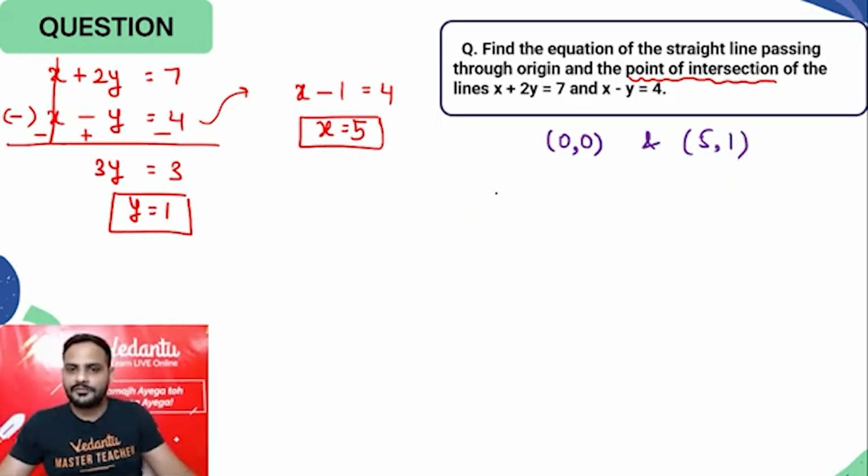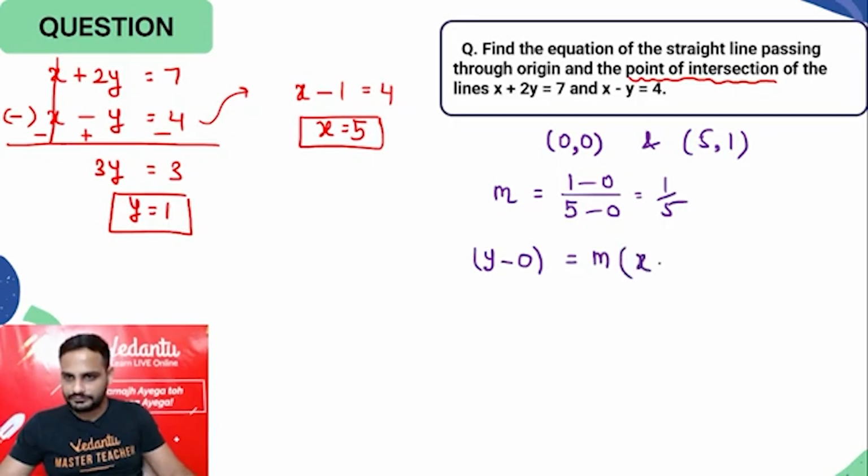Using the 2-point form, first find out the slope. Slope will be y2 minus y1, so 1 minus 0 upon 5 minus 0, which is 1 by 5. So I can say the form now will be y minus y1, take it as 0, is equal to m times x minus x1, which is also equal to 0.